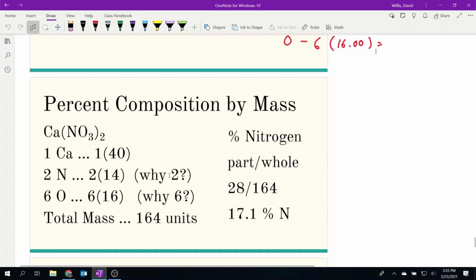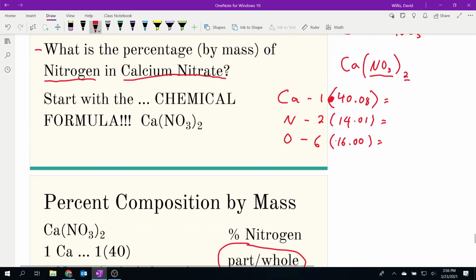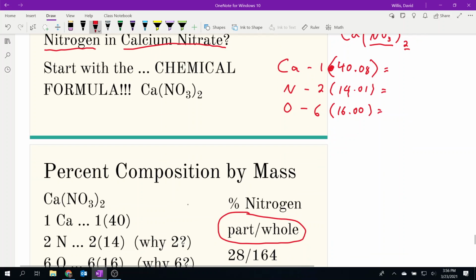When I total all that up, I'm going to end up with 164. And so the total mass is 164 when we add all those up. The question was about nitrogen, and we remember that for any percent, we need to do part over whole. So what was the part that was nitrogen?